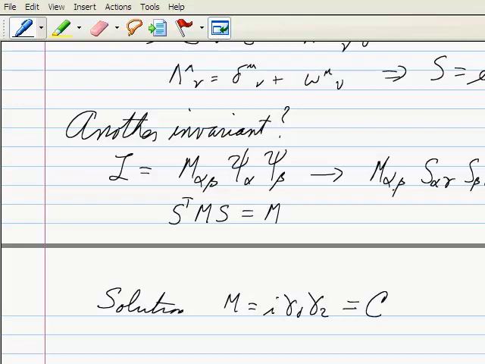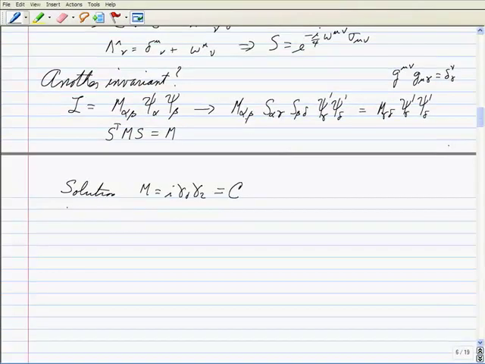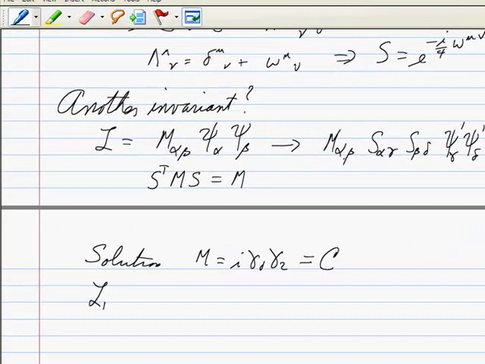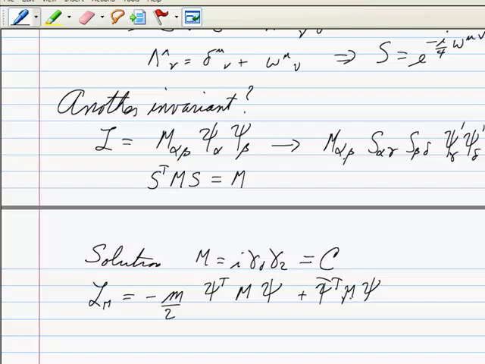Okay? So there is a term like this, so we can write out a term which is a Majorana mass term, minus m over 2. I'll write it as psi transpose M psi plus Hermitian conjugate, which is psi bar transpose M psi, or yeah, maybe I should have used the notation C there.